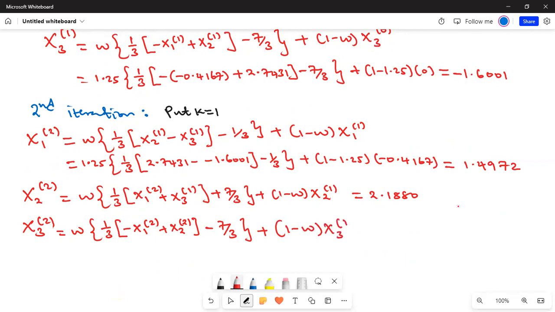Now that should be at level 1 because we don't know x3 at level 2. When you substitute those values, you need to get negative 2.2288.